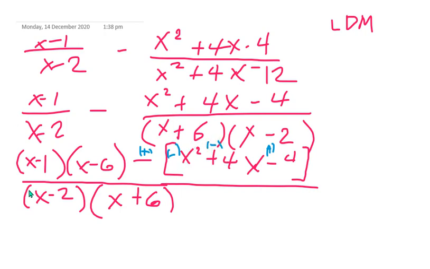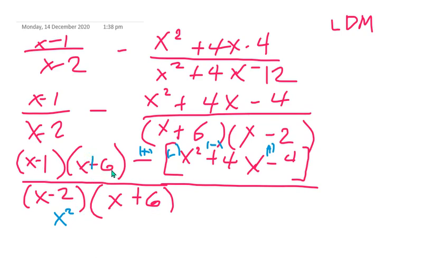Okay. But this is multiplication, so we multiply first. So x times x is x squared. Then get the middle term, which is the sum. Negative 1 plus 6, by the way, this is positive.